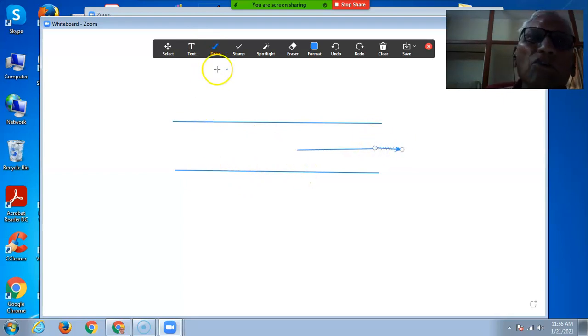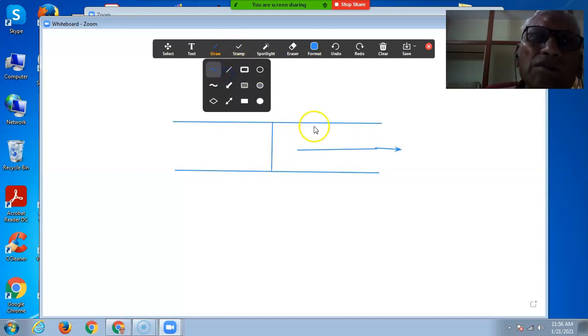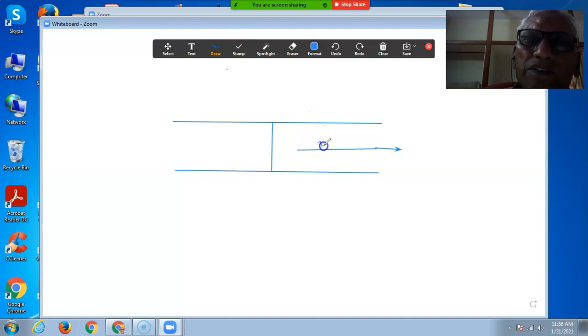This is the direction of the flow, and the boat actually goes straight across the river. If the velocity of the stream is v, let us say in meters per minute, then the velocity of the boat in still water is taken to be 4v.